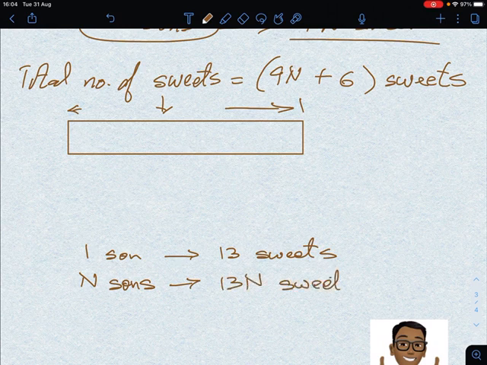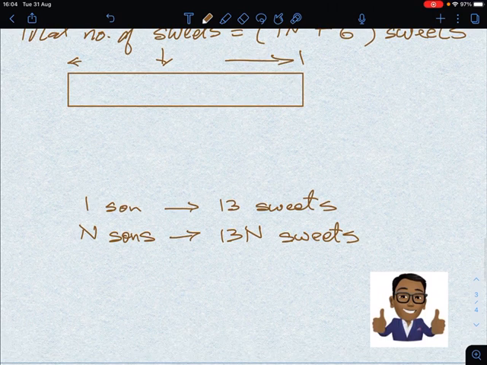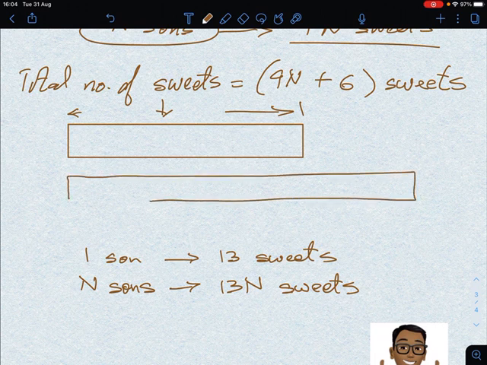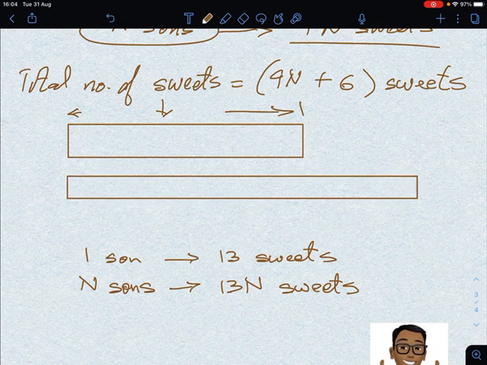That means he needs this 13n number of sweets. Yeah, but does he have it? No, he does not, right? Because he lacks 42 sweets if he were to give each son 13 sweets.